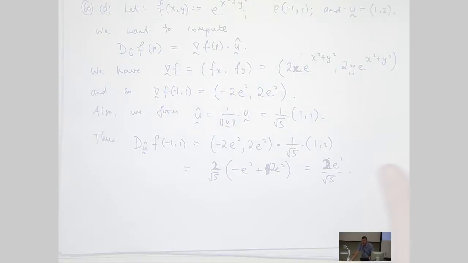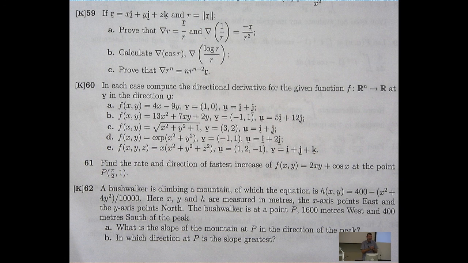Okay, let's have a look at 62. Now, we've got a mountain that's very conveniently expressed by this function h. It's lucky, isn't it? And we're given the scenario of a bushwalker who wants to climb this mountain, where x, y, h are in meters, the x-axis points east, the y-axis points north.